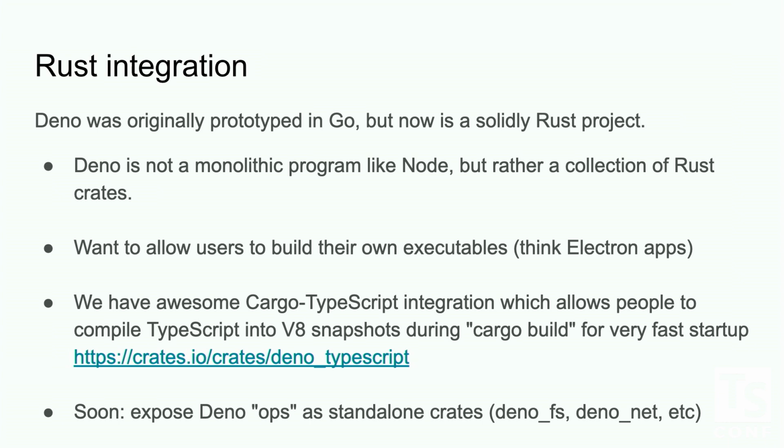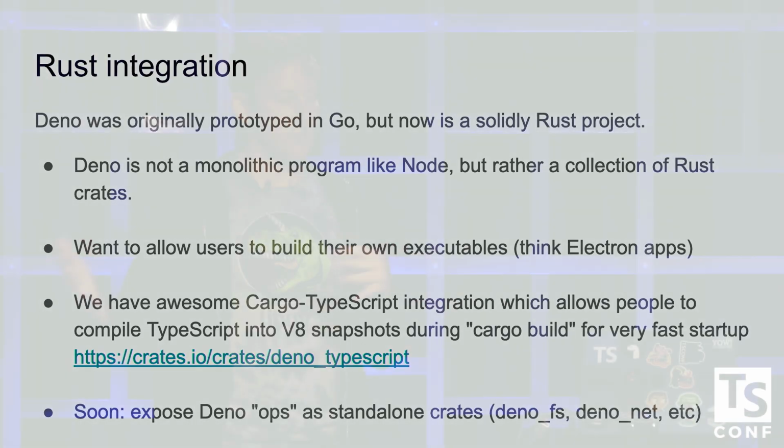And yeah, I think that if we set this up correctly and integrate properly with the Rust build system, we can address these use cases in a much more clean way. And I would suggest that if you're interested in this use case, you check out this Deno TypeScript crate, which I've linked to, which allows you to compile TypeScript at your compile time and bundle it into a V8 snapshot so that you can start up fast.